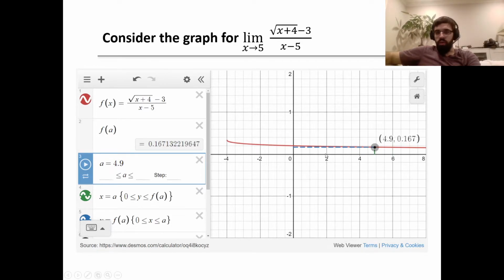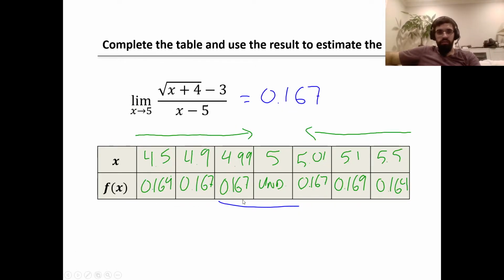If x is 4.9, we get 0.167. 4.99 gives us 0.167, the same as before. If we keep adding 9s, I notice that our y value hits its limit, 0.167. So as x approaches 5 from the left, our limit is 0.167.